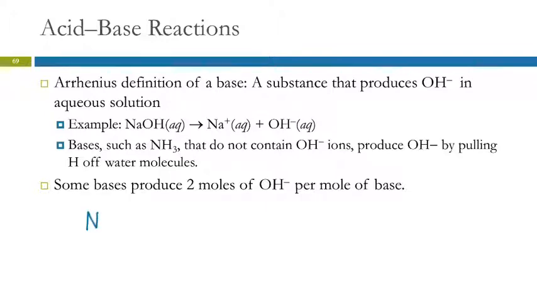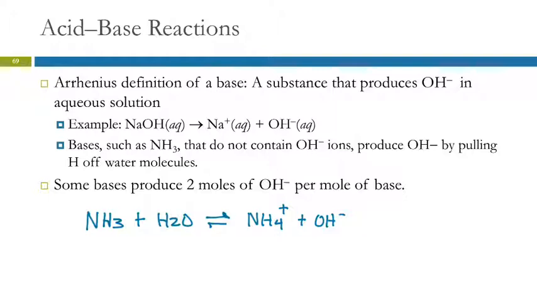What NH3 does is it reacts with water and takes a hydrogen ion from the water, forming ammonium ion and hydroxide ion. So when you dissolve ammonia in water, it produces hydroxide ions, but not the way you might expect, not the way these other bases do.